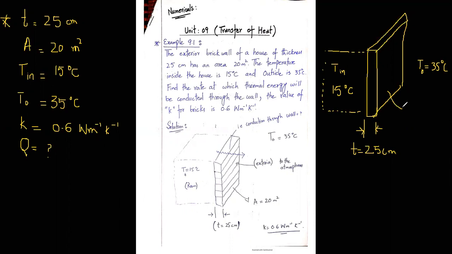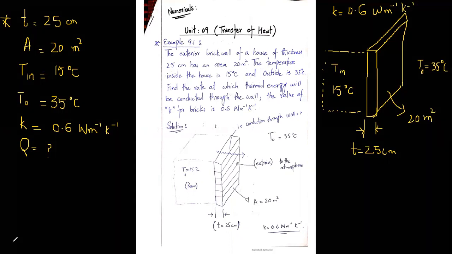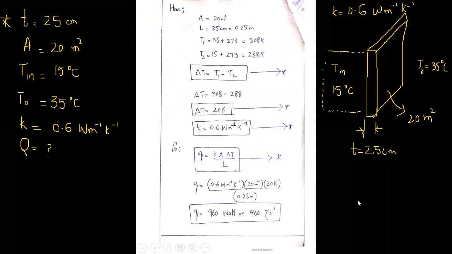The area of the wall is 20 meters square, and the value of K is 0.6 watt per meter per Kelvin. We have to find the value of Q.